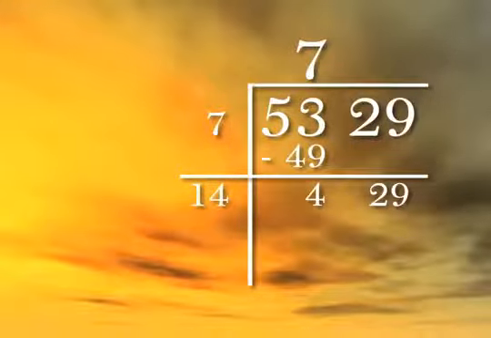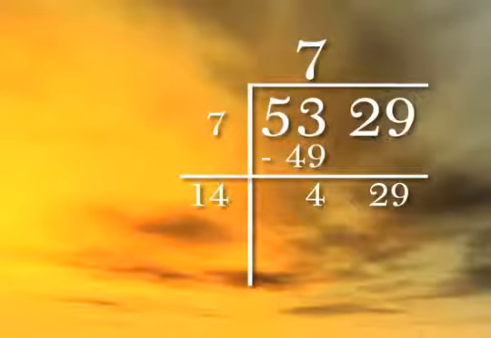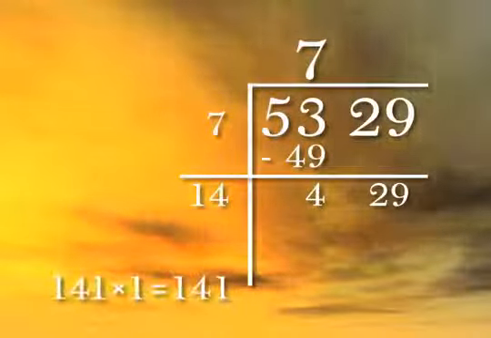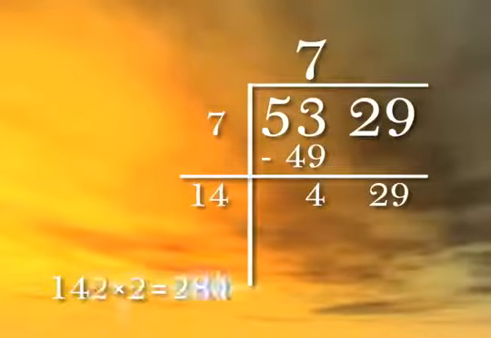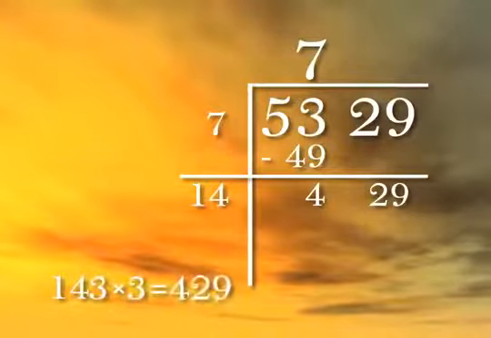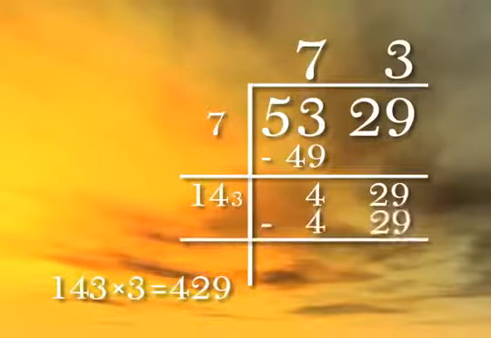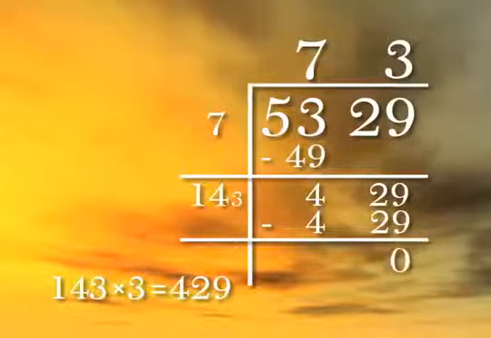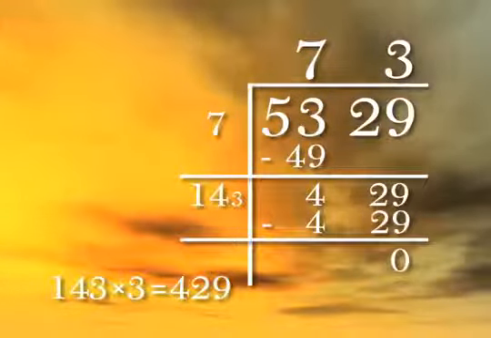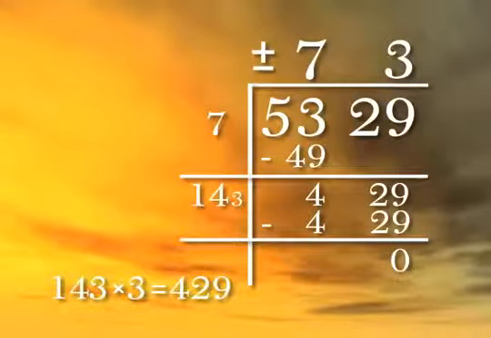Now we need to find a number to tack onto the divisor 14 and the quotient. 141 times 1 is 141. 142 times 2 is 284. 143 times 3 is 429. That's the number we want because the remainder will be 0. The square root of 5329 is positive and negative 73.